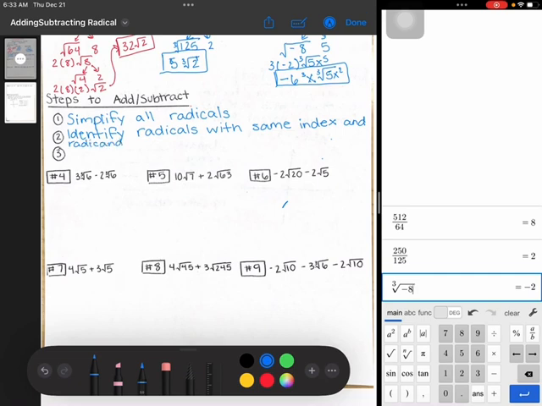After we identify the same ones, we want to, for common radicals, add and subtract coefficients, keeping the radicand the same.